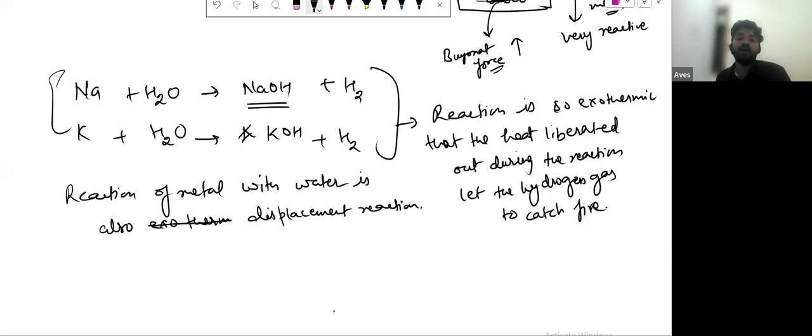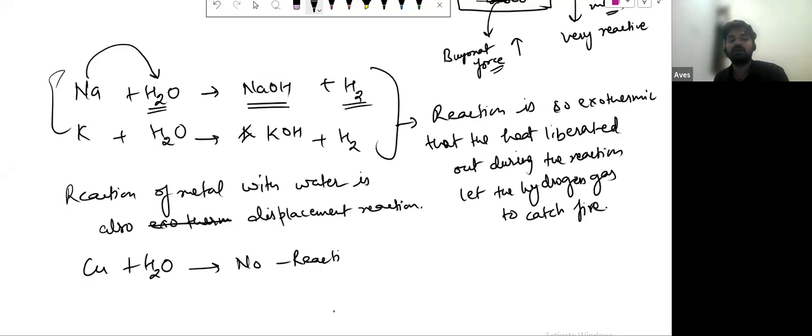Those metals that are above hydrogen are displacing the hydrogen from the water. This removes the hydrogen that is coming from water. So those metals that are above hydrogen in the reactivity series can react with water. For example, if you write copper and water, no reaction will take place. Why? Because copper is less reactive than hydrogen. You understood, dear student? Everyone understood?